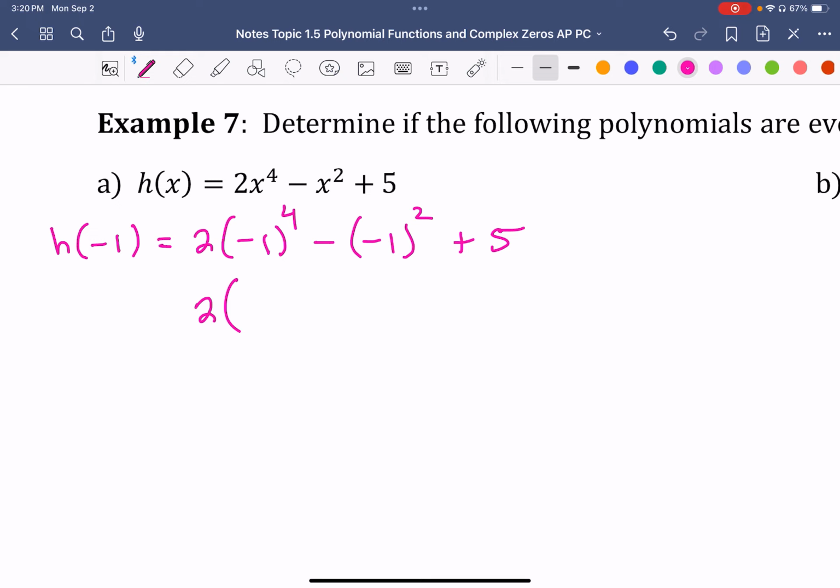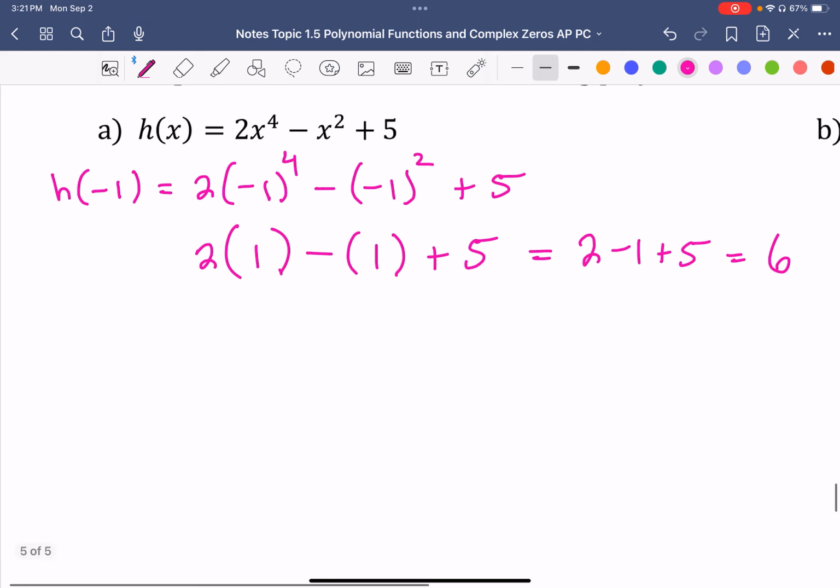An even exponent will be a positive number. So I know this is going to be a +1. I'm going to bring down that negative because before I multiply by a negative, I need to square the -1. And a -1 squared is a +1. And then we got plus 5. Okay, so now you got 2 minus 1 plus 5, which is equal to 6.